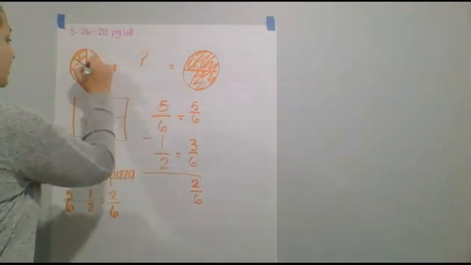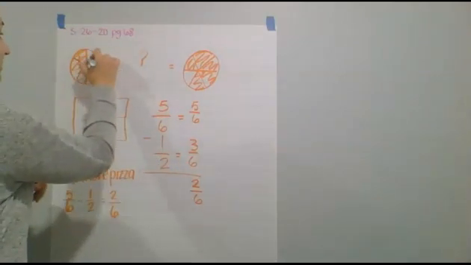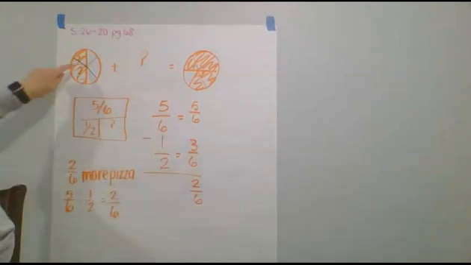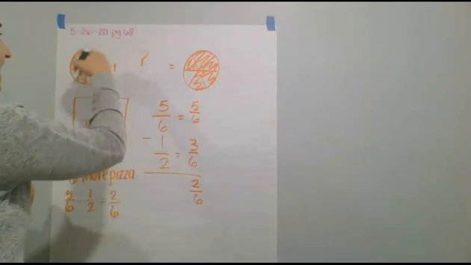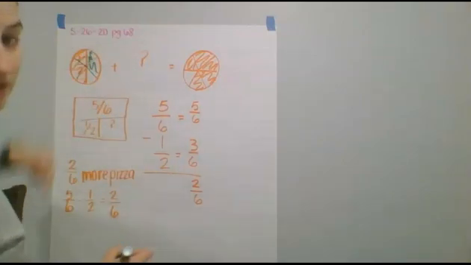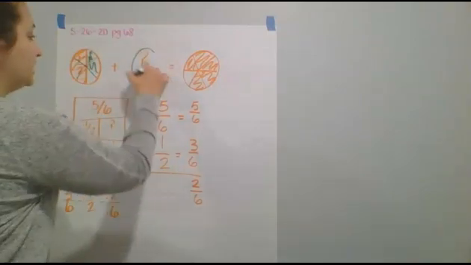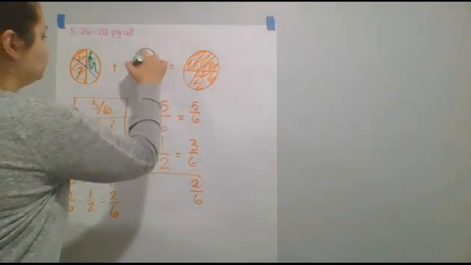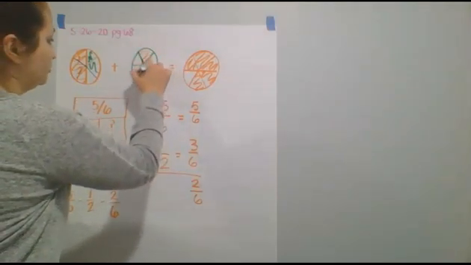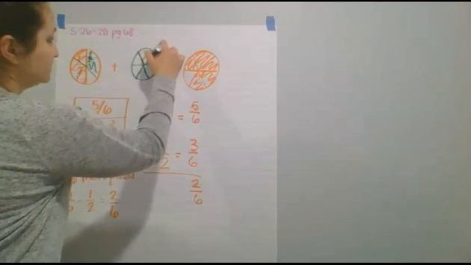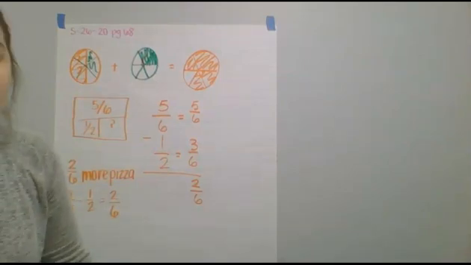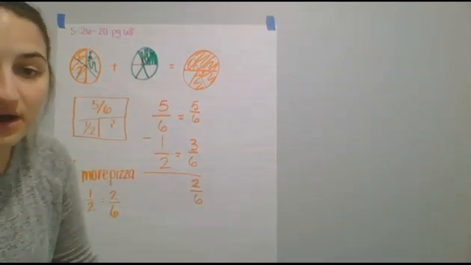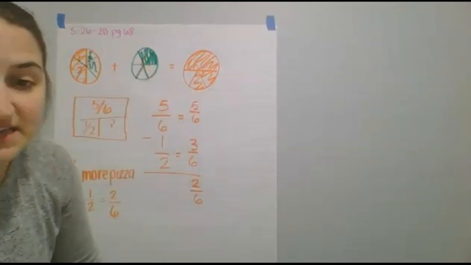So if I wanted to go like this and say that 3 out of 6 were colored in, and then if I wanted to have 6, 2 more would be shaded, which would give me that 2/6. So here would be that additional 2/6 to equal a total of 5/6. So you can create different visuals. You just want to make sure they have the same denominator so that you can visually see that they're the same.